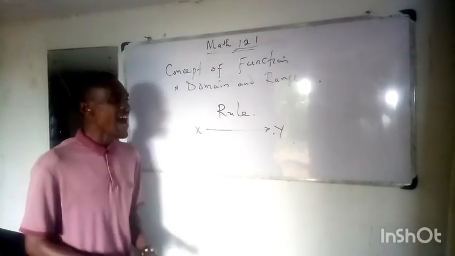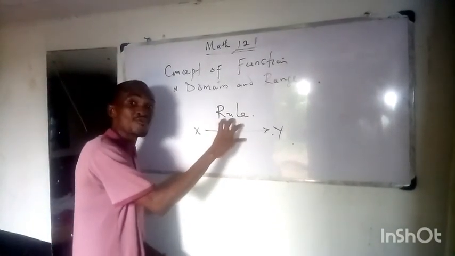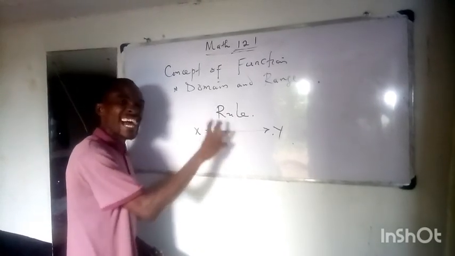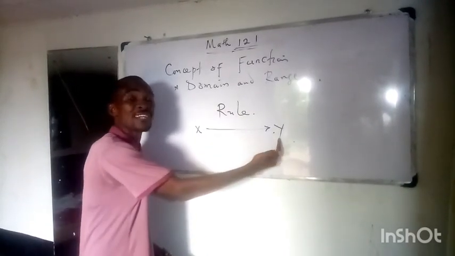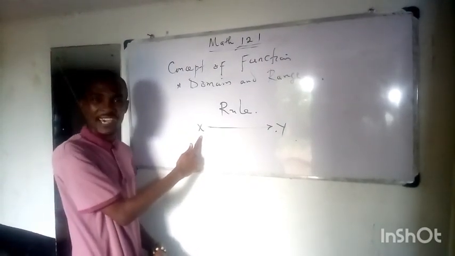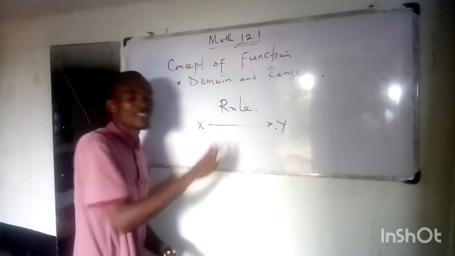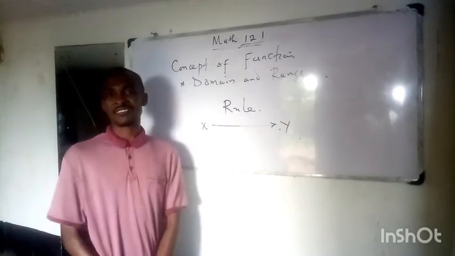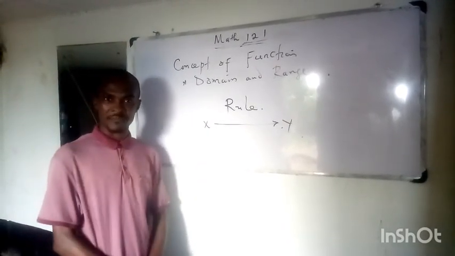So if you have a particular rule that can produce values of y for every given values of x, that rule is what we refer to as function in mathematics.